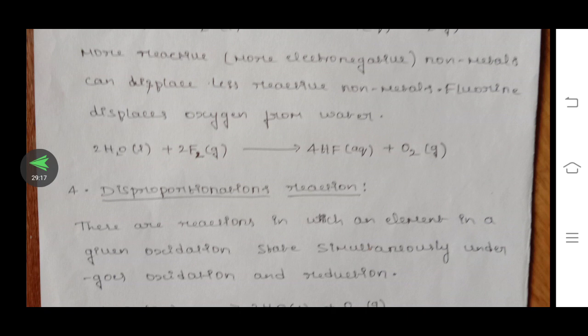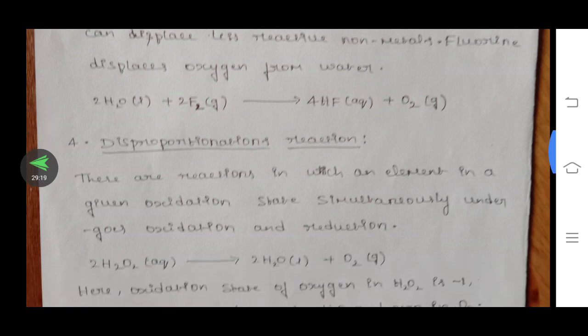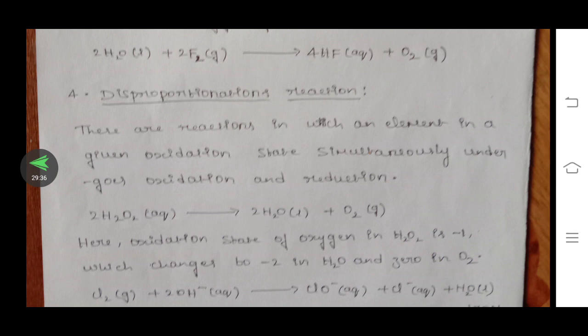Next, disproportionation reaction. This reaction is very important from the exam point of view. You have to remember and read properly. Disproportionation reactions are reactions in which an element in a given oxidation state simultaneously undergoes oxidation and reduction. The same element is undergoing oxidation and reduction simultaneously.